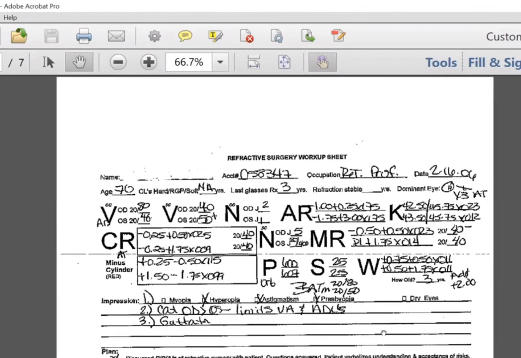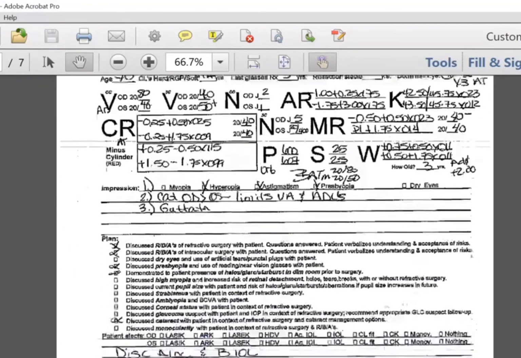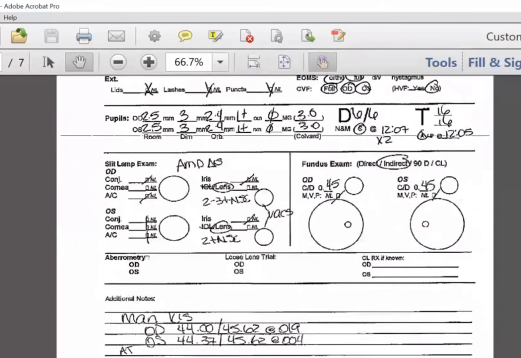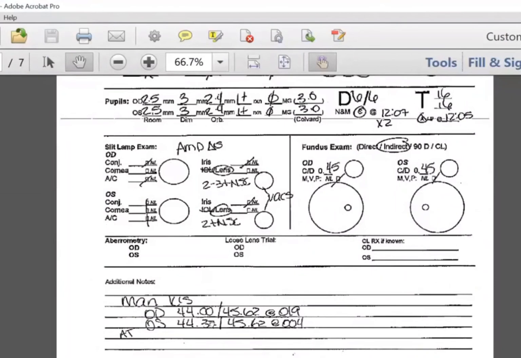But most surgeons have a preferred keratometry method, so they may have a preference for the IOL master K, or they may have a preference for the autorefractor. Sometimes they may have manual keratometers, but not many practices have manual keratometry in their clinics.